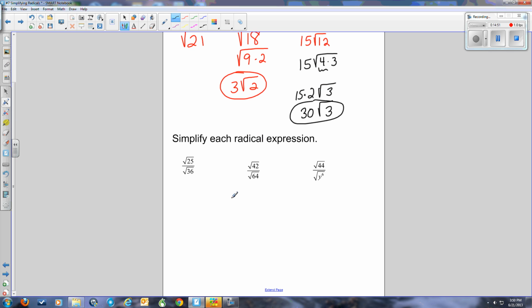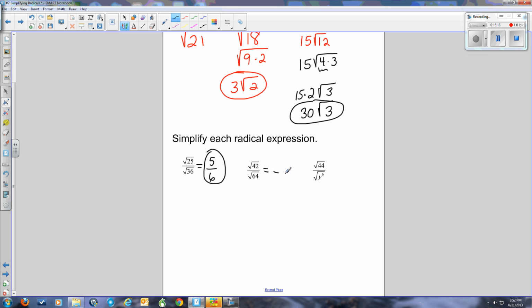So next, we're going to move to some division. Square root of 25 over the square root of 36. Well, square root of 25 is 5. Square root of 36 is 6, and we get 5 over 6. So next we have the square root of 42 over the square root of 64.